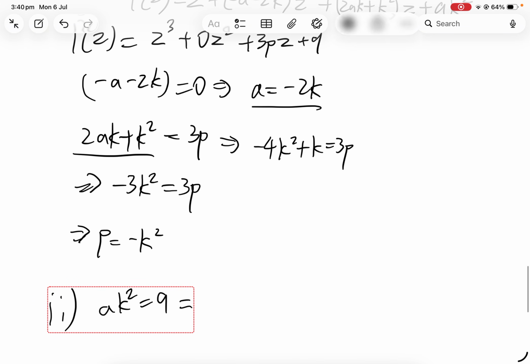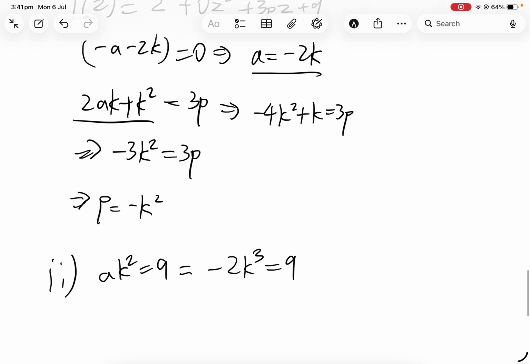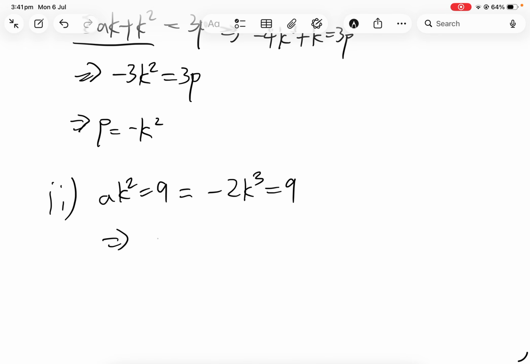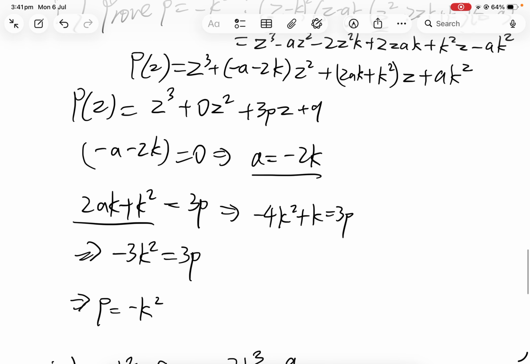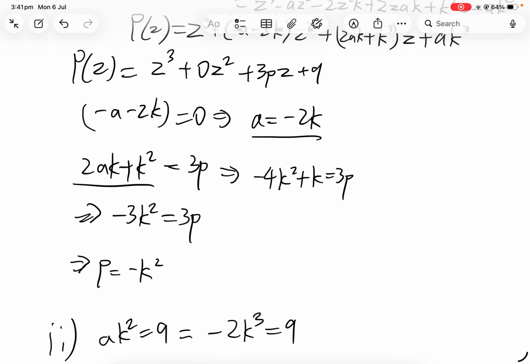We found a here, that's −(−2k)k², equals q, and that just means q equals 2k³.